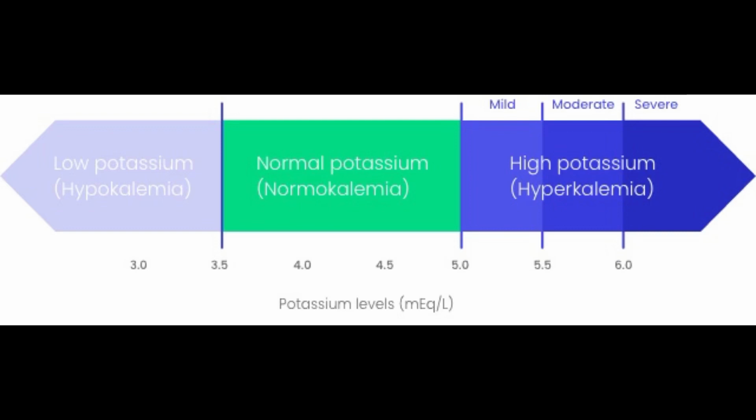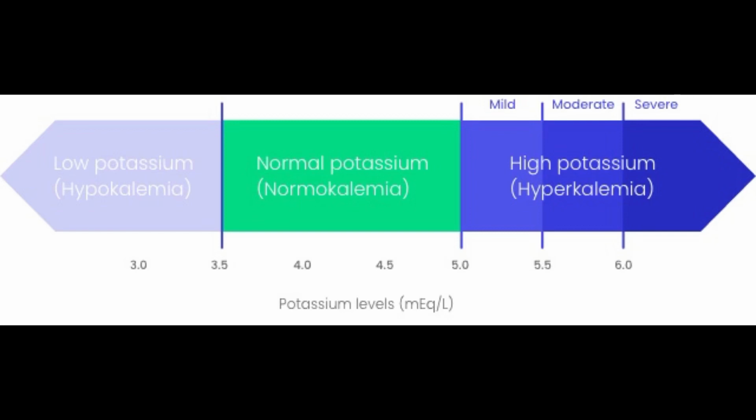I already made it clear that if the potassium level is less than 3.5, it is called hypokalemia, and if the potassium level is more than 5.3, it is known as hyperkalemia. And hyperkalemia can again be differentiated into mild, moderate and severe. This picture shows the indicators of low potassium level and high potassium level.